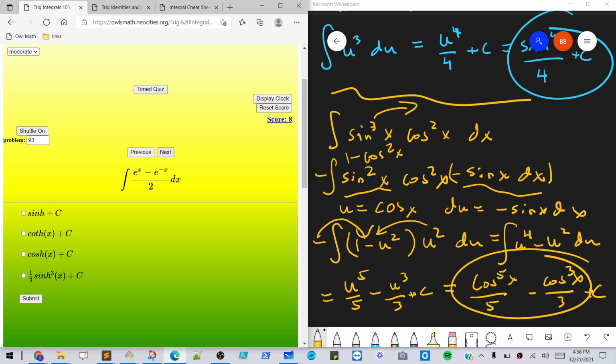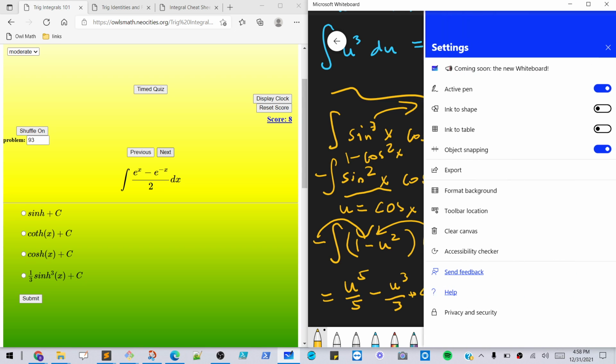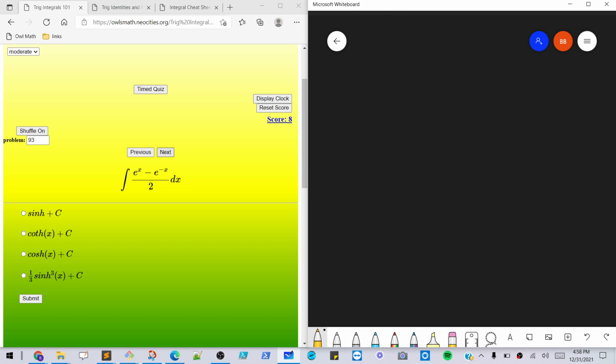I don't know if we did something very similar, but let's do this anyway. So we have e to the x minus e to the negative x over 2. When you do this, you could do it either way: as the trig function, or you can keep the e and do it as an exponential function.